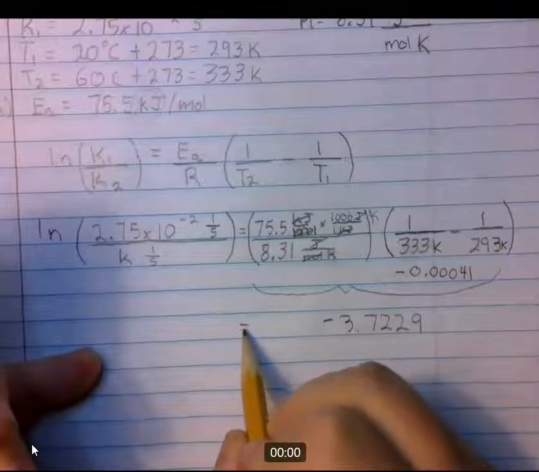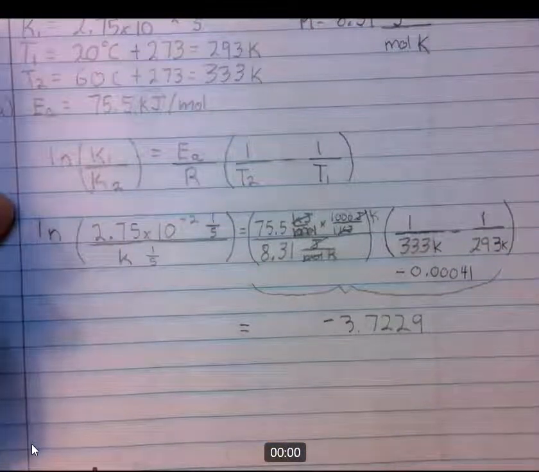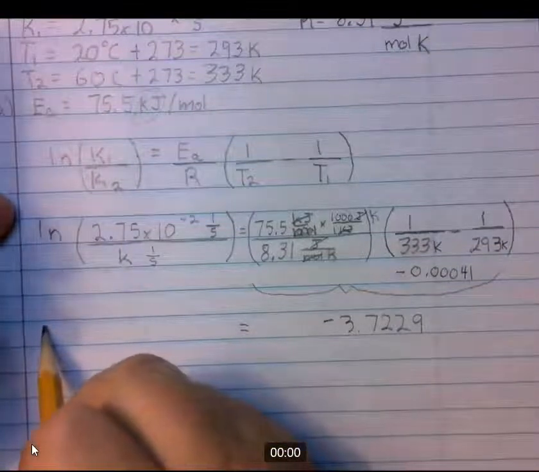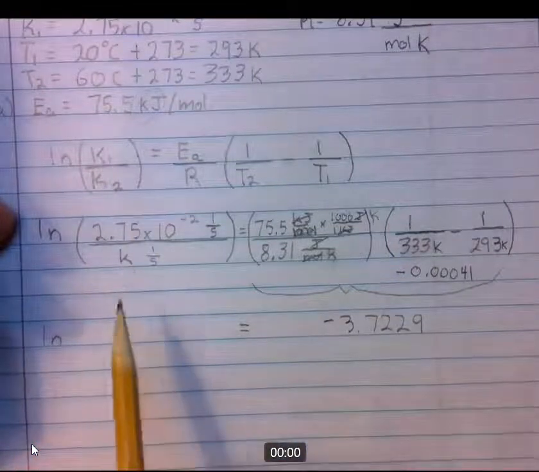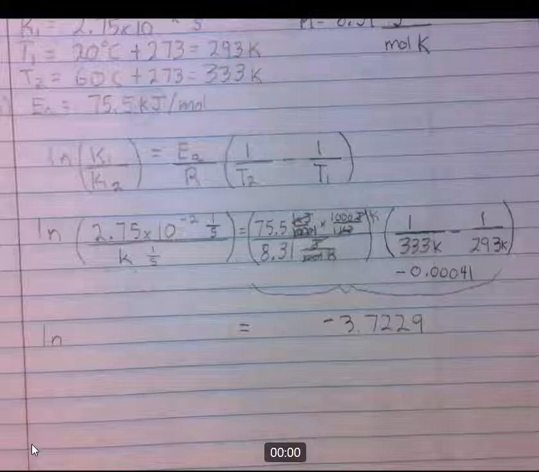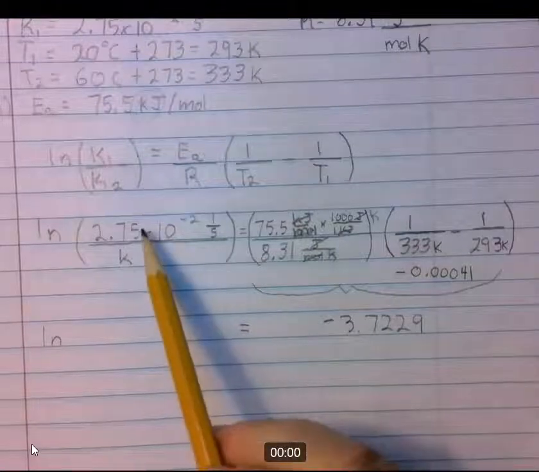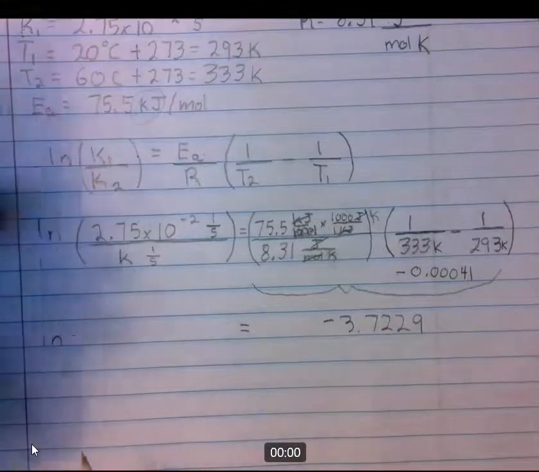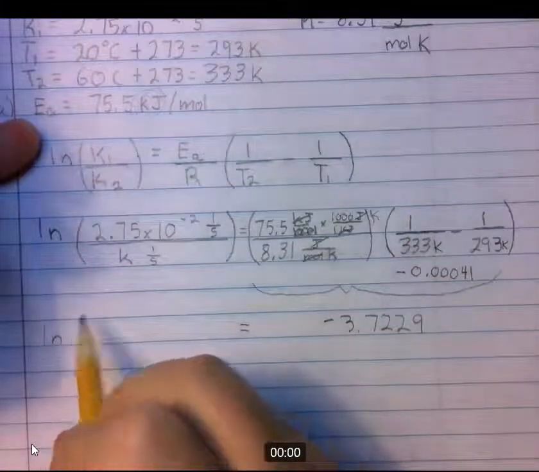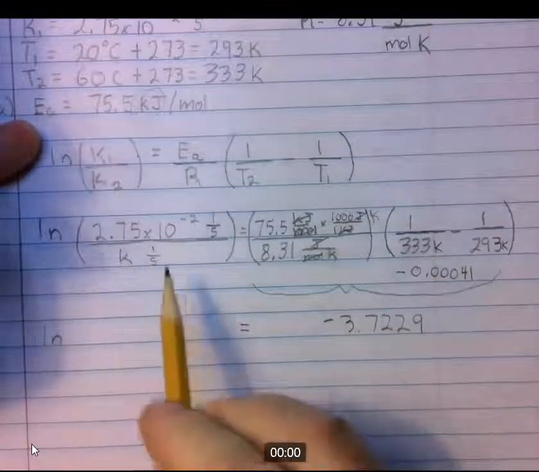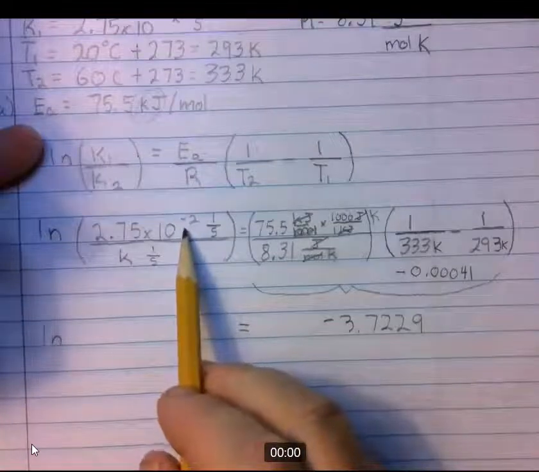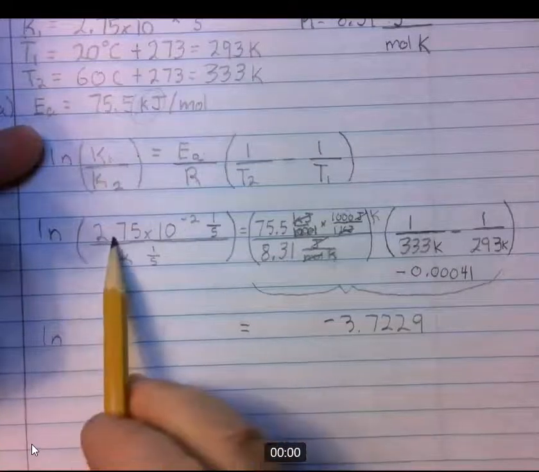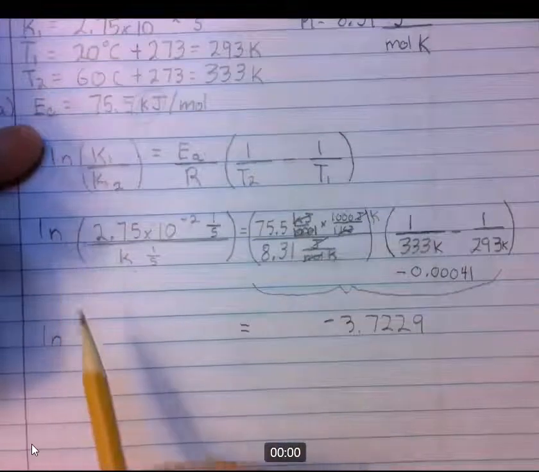Okay, so over here on this side I have equals the natural log of this. Now, the natural log of a number divided by another number, we talked about this principle, is equal to the natural log of the top number. And since this is only 10 to the minus 2, I'm going to convert that to just a regular decimal number. So I'm going to move the decimal place over 2 places.